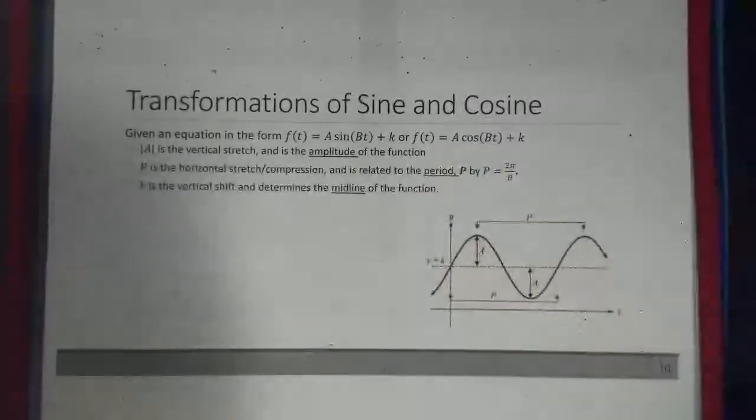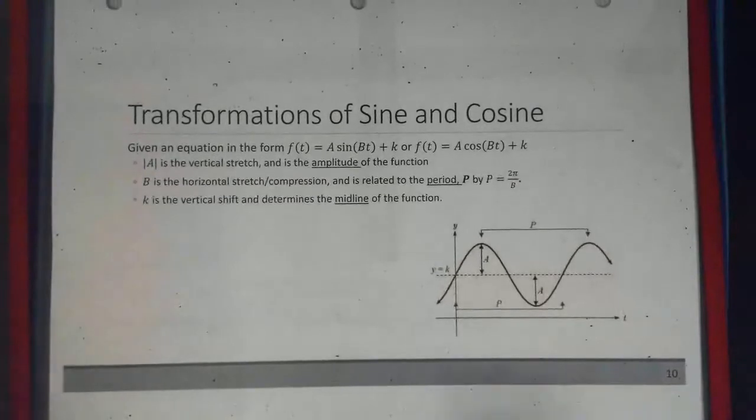We're going to use that information to look at a general form of sine and cosine. Given an equation in the form f of t equals a sine of bt plus k, or f of t equals a cosine of bt plus k, then the absolute value of a is the vertical stretch, and that vertical stretch is also known as our amplitude.